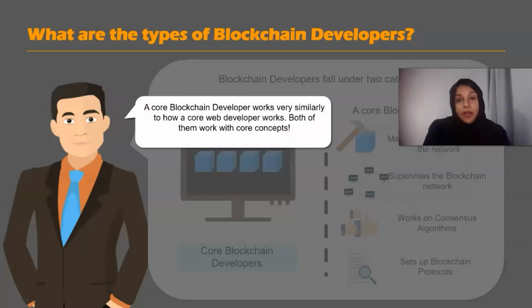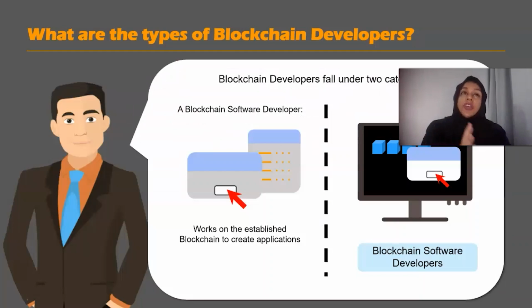Now, the next part is the software development side, which is where the programming comes in: how you are going to develop your application that works on top of that specific blockchain. Let's say I decided that I want to build an application on a public blockchain, so it's a public blockchain application.